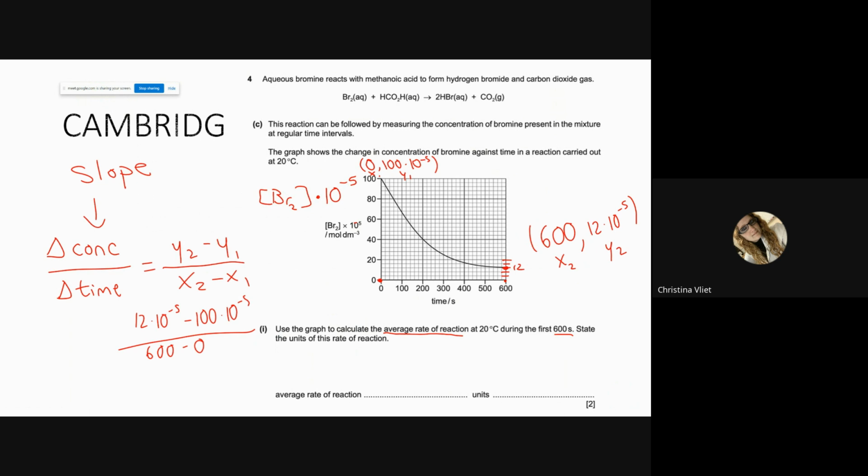Change in concentration over change in time. I had done this earlier. Minus 100 times 10 to the negative 5, and then divide that by 600. See if you get the same thing as I do.